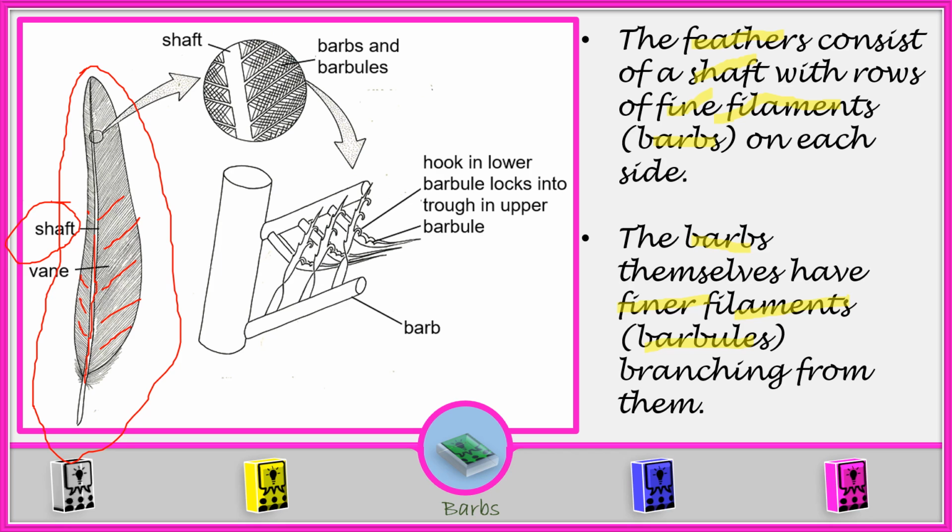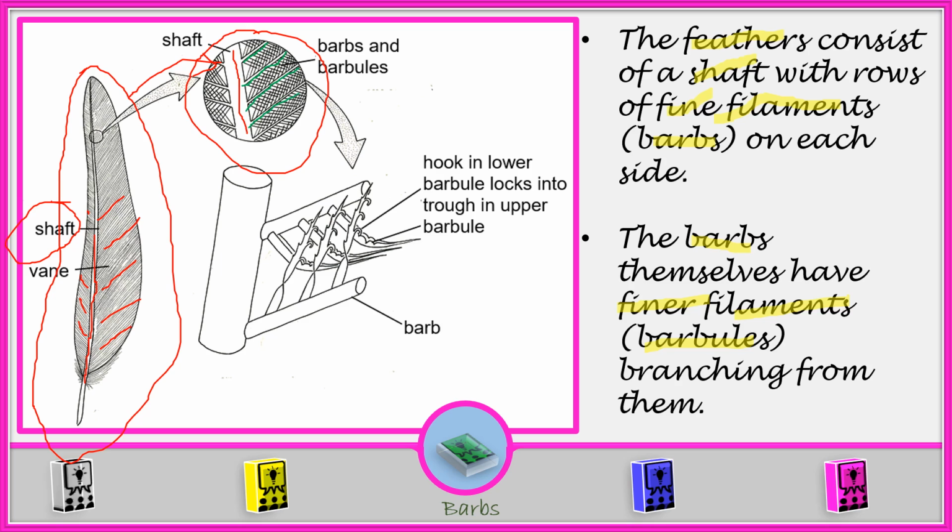Now, if we look at the shaft here, enlarged, you will see that we have this one as the shaft. And these ones that are going on the sides are the ones that we call the barbs. Those ones are the barbs.